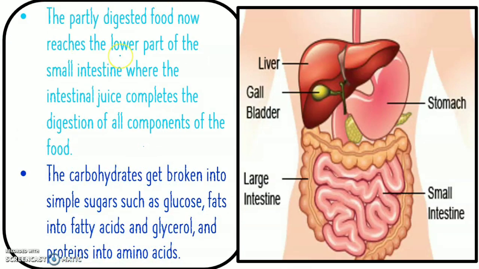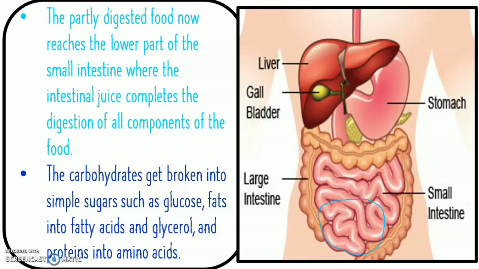The partly digested food now reaches the lower part of the small intestine, and there the juice that comes out from the walls of the small intestine, which I was talking about, comes into action now. What it does is complete the digestion of all the components of food.